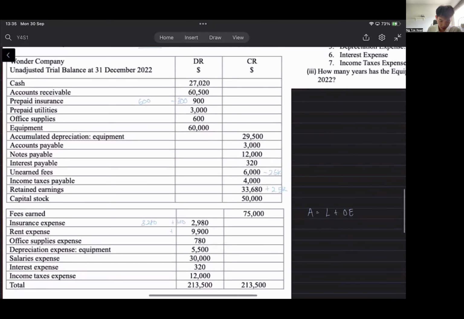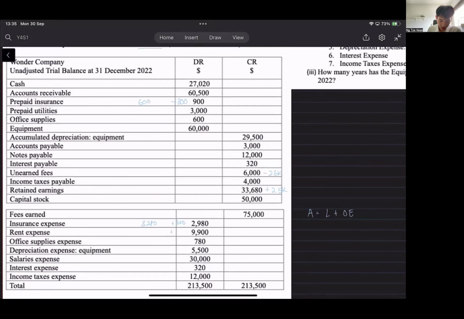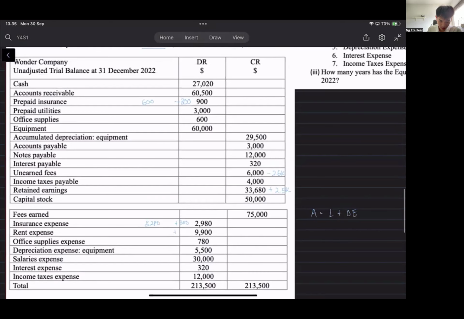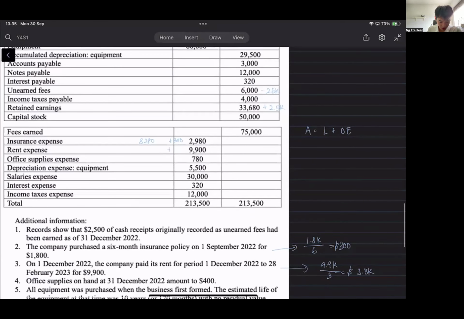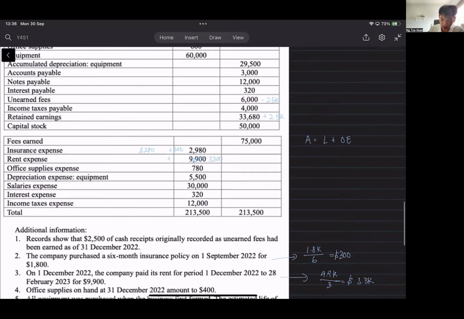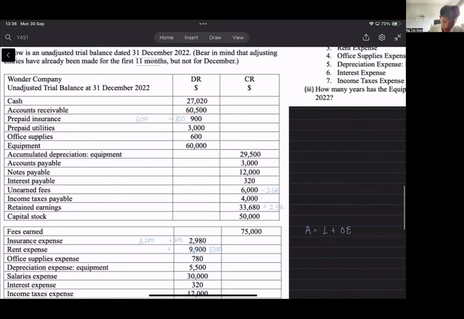So let's take a look. There will be a prepaid rent. Okay, there's no prepaid rent. So we see that there's a rent expense here, and there's an error here, because this rent expense should not be 990, rather it should be 3,300. And we should have an additional entry here as prepaid rent.